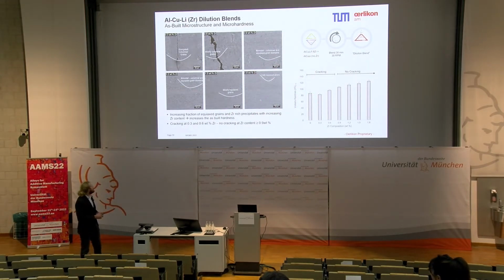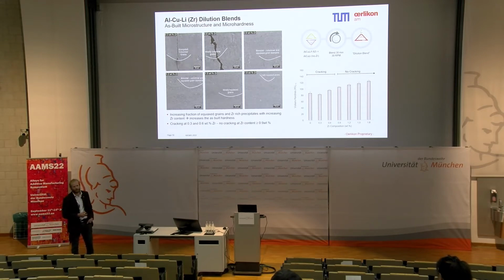And so essentially what we've done is looked at different step sizes, 0.3 to 1.8 in 0.3 weight % increments of zirconium, to try to experimentally define the amount of zirconium necessary to stop cracking. And I'd like to point out, I don't have a slide on this, but we've investigated quite a wide range of process parameters, but only in the industrially relevant range.